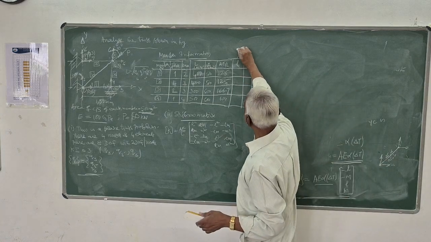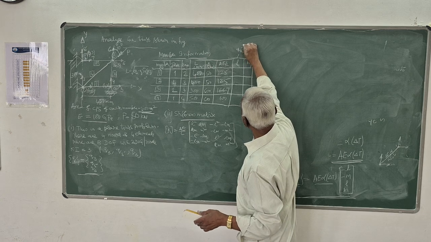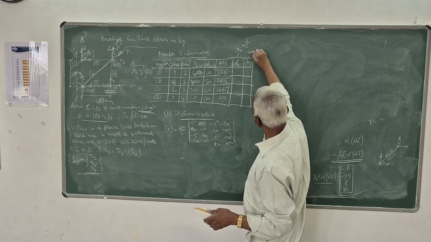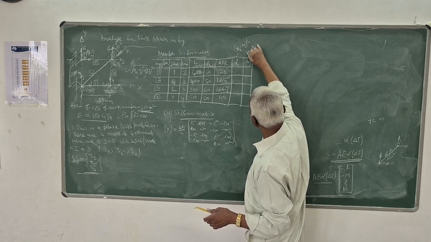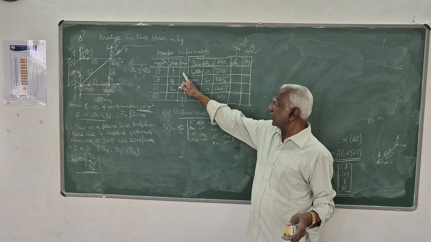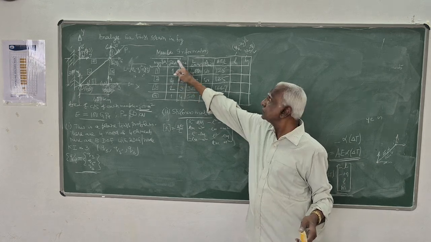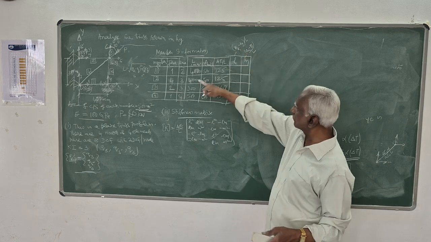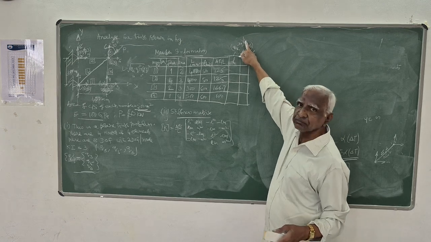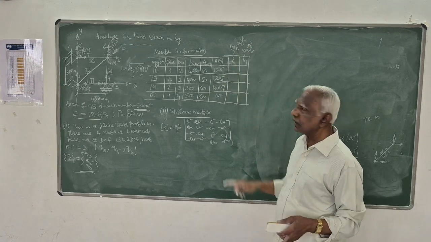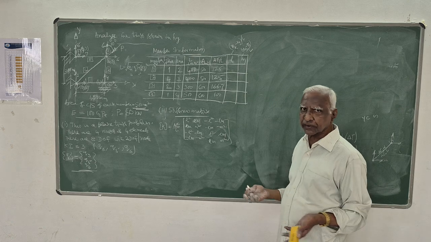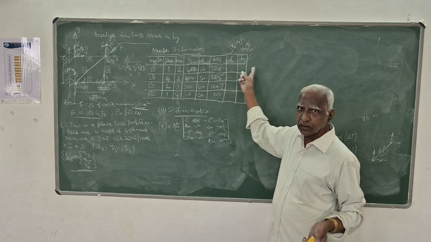This L is nothing but xk minus xj by L, M is nothing but yk minus yj by L. The x coordinate of kn minus the x coordinate of jn, that difference divided by length, will be your direction cosine L, M. Otherwise, if the inclination is given, cos theta, sin theta, either way you can determine.